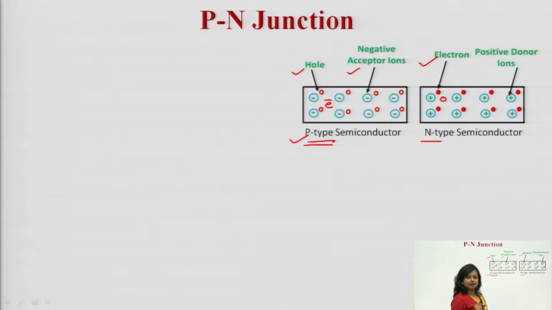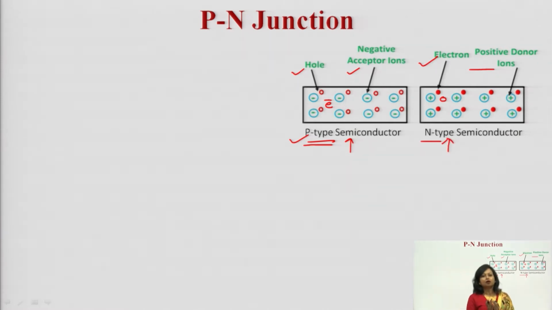At the same time, each pentavalent impurity atom is capable of donating one electron, so they become positive donor ions because they have a tendency to donate. This is how you can explain what a P-type semiconductor and an N-type semiconductor are.